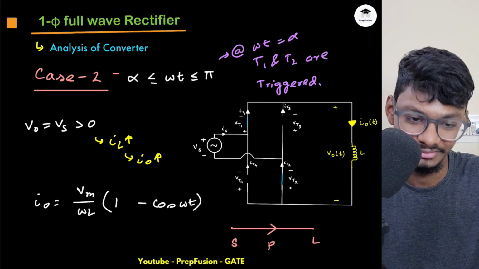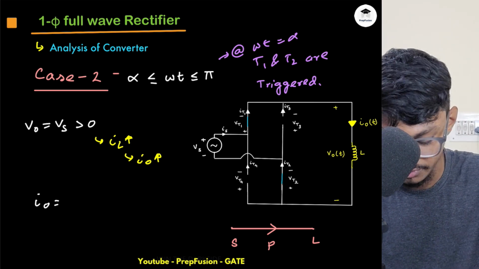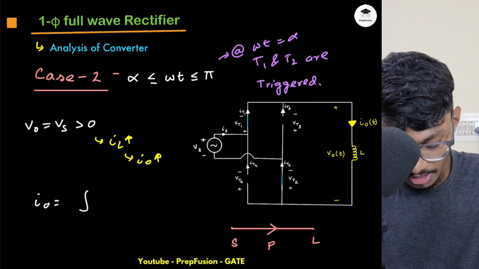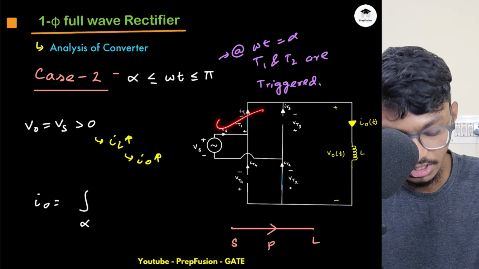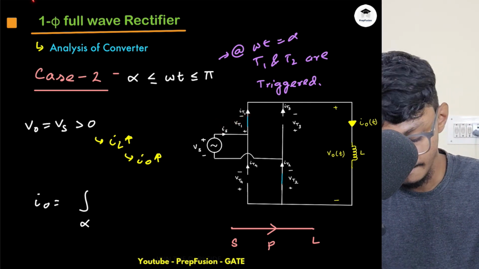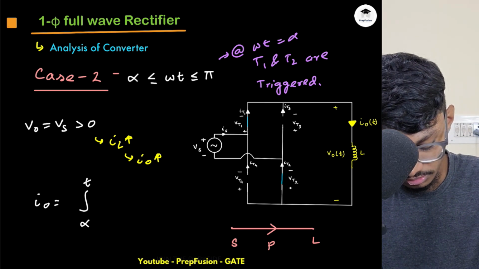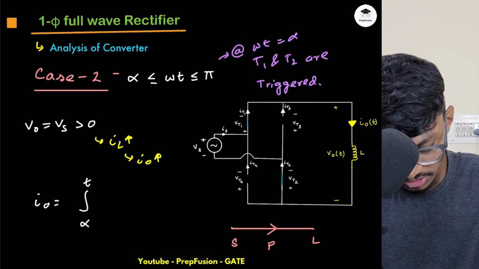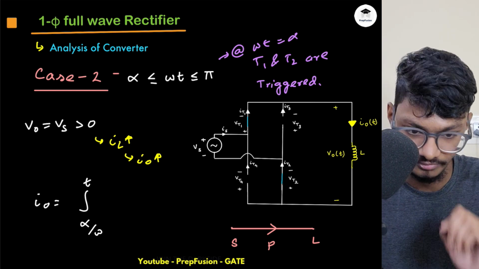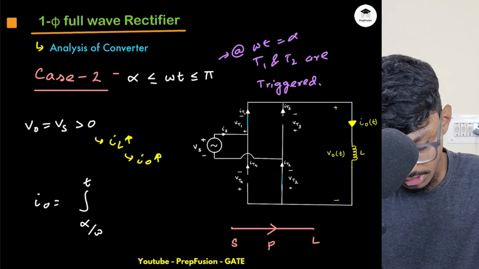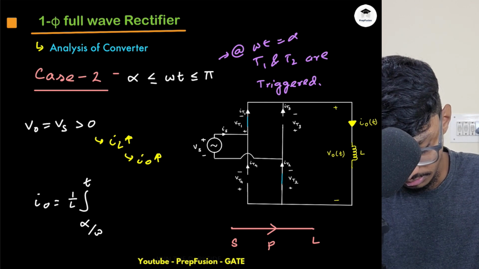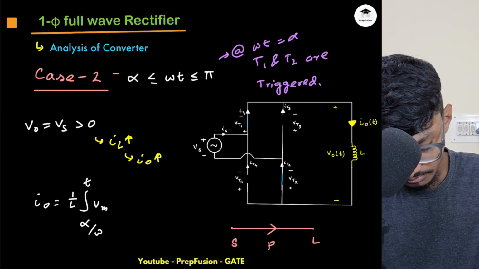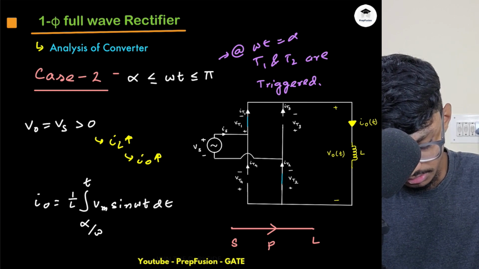Let me just write down the derivation, because else you will get confused. What is the value of the current? I'm starting from alpha, not from 0 this time, because my SCRs are conducting from alpha. So the integral runs from alpha by omega to t of 1 by L, Vm sine omega t dt.